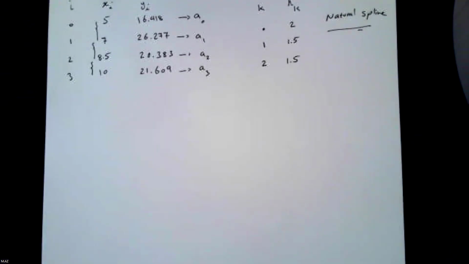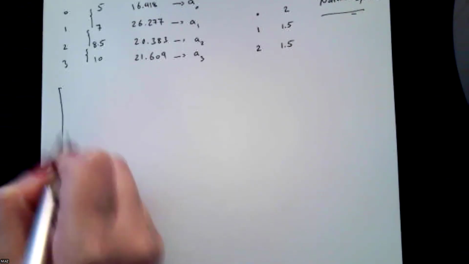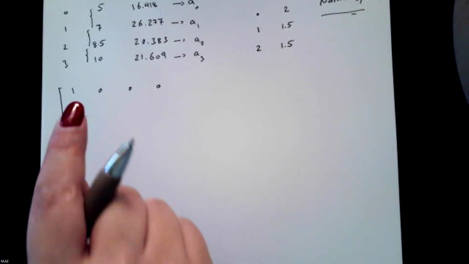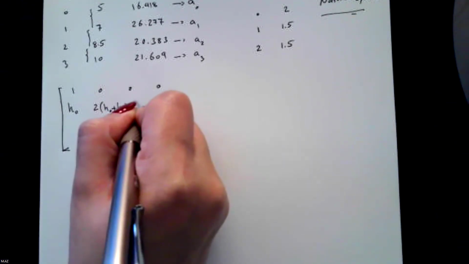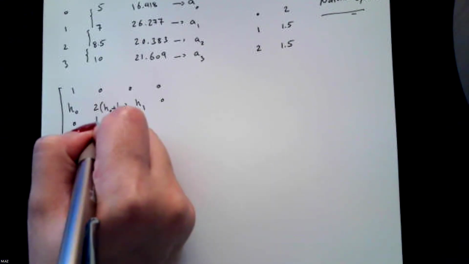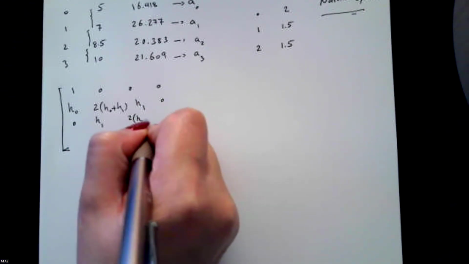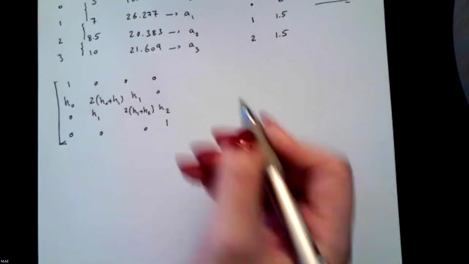For the natural spline, the C coefficient is found based on these equations. 1, 0, 0, 0, because the second derivative at the beginning point should be equal to 0. Then 0, 0, 0, 1.